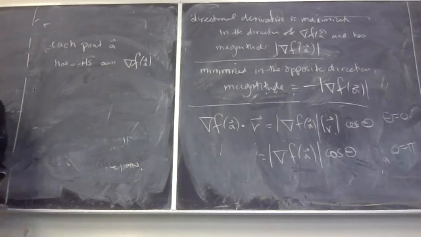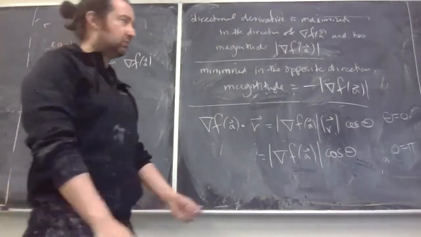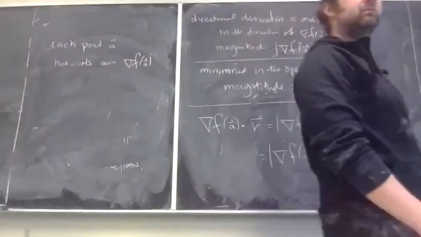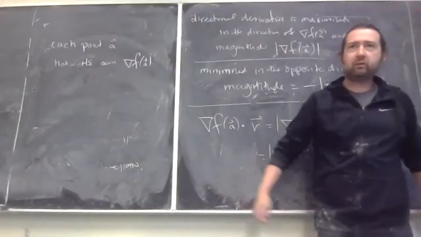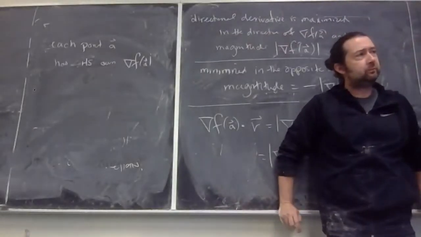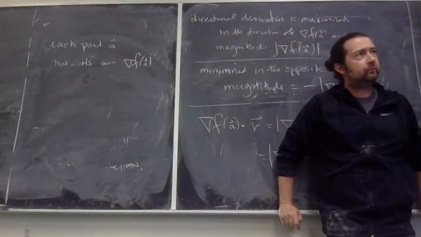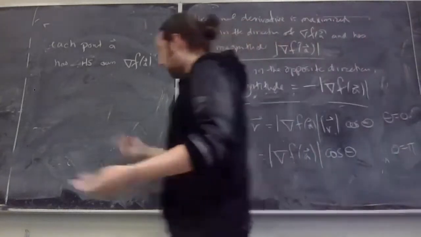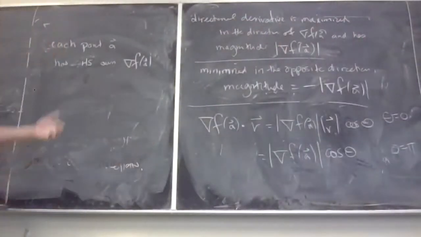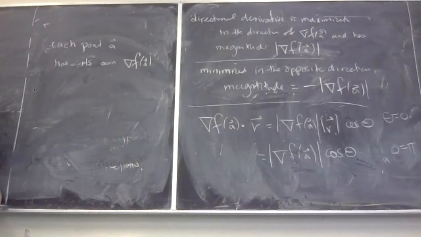Could I have a nice function on which the gradient doesn't make any sense, interpreted in this way? We've got contour lines with the gradient perpendicular to them, and there are real surfaces in the background, and the gradient always tells you the direction of greatest change. When could that go wrong?